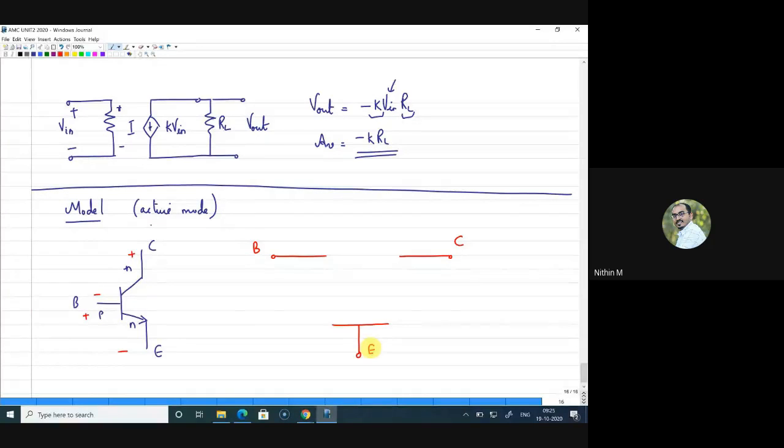Basically, why do we need models? Models are required to understand the operation, and your analysis will become very easy if you can represent a device in terms of some known elements, instead of treating it as a symbol with two junctions. If I can get the behavior of the device in terms of some known elements, that will be very good, right?